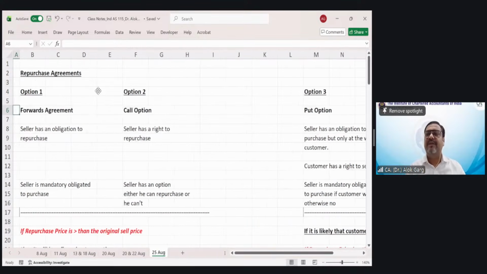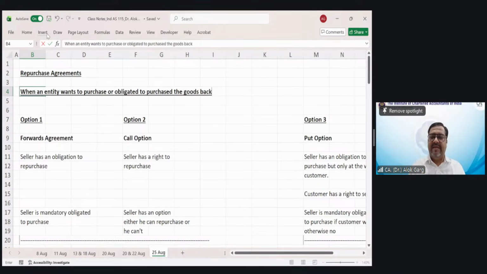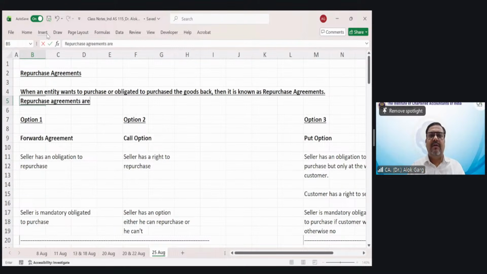Repurchase agreement means when an entity wants to purchase, or is obligated to purchase, the goods back, then it is known as a repurchase agreement. They are of 3 types.